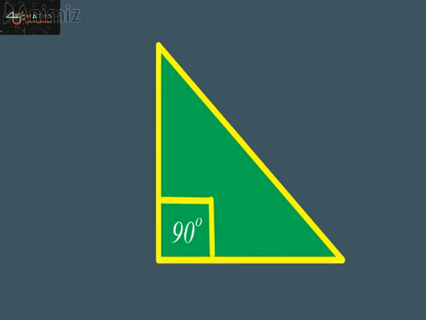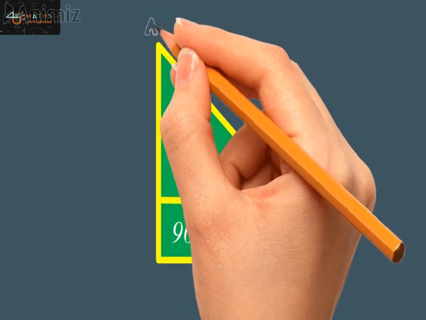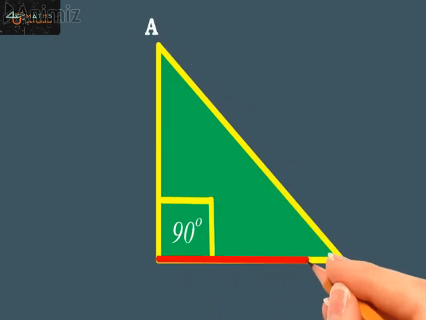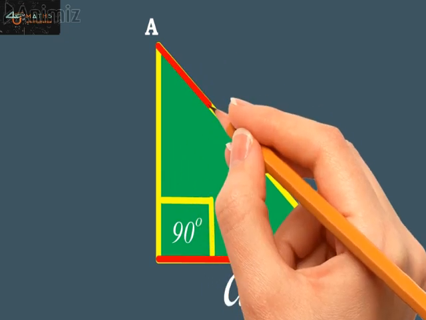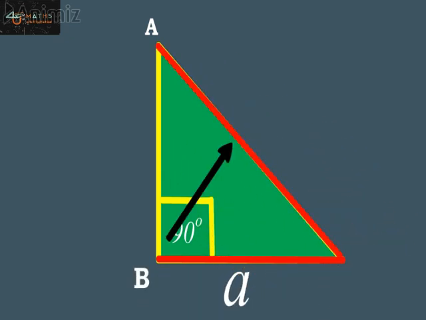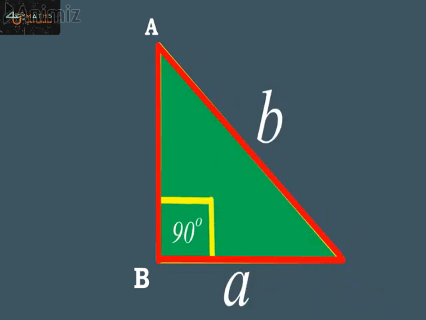It is customary to denote the length of the side opposite to the vertex A by small a, the length of the side opposite to the vertex B by small b, and the length of the side opposite to the vertex C by small c.